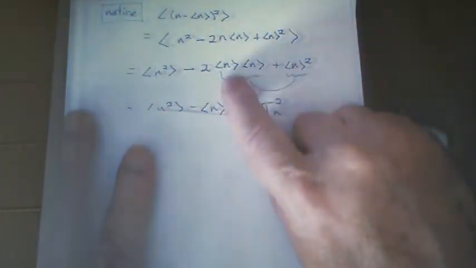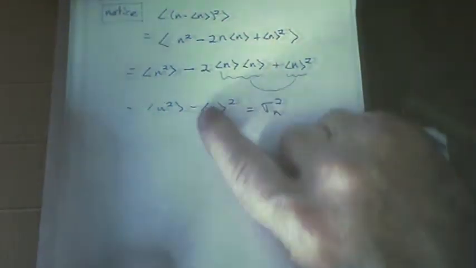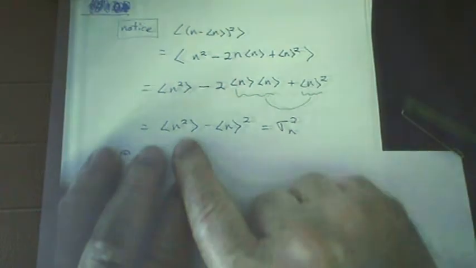So that pops out. Then I notice, oh, wait, this is the average value of n times the average value of n. So minus 2 and a plus 1 gives me a minus 1. And so the variance, even though we defined it to be this, oftentimes you calculate it this way.